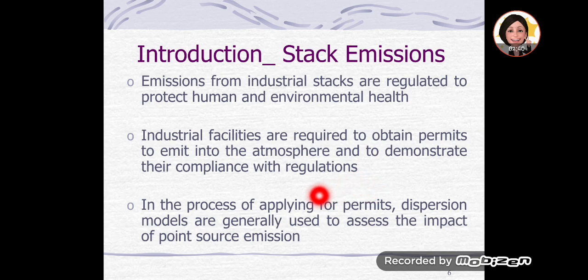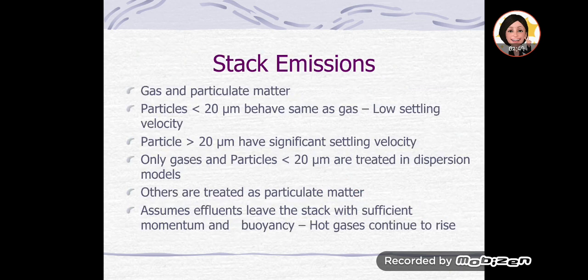So when we want to apply for the permit, the dispersion models are used to assess the impact of the point source emission. The stack emission is usually gas, but if you look at air pollution, there are both particulate matters, solids, as well as gas. Particles less than 20 micrometer behave the same as gas and have low settling velocity.